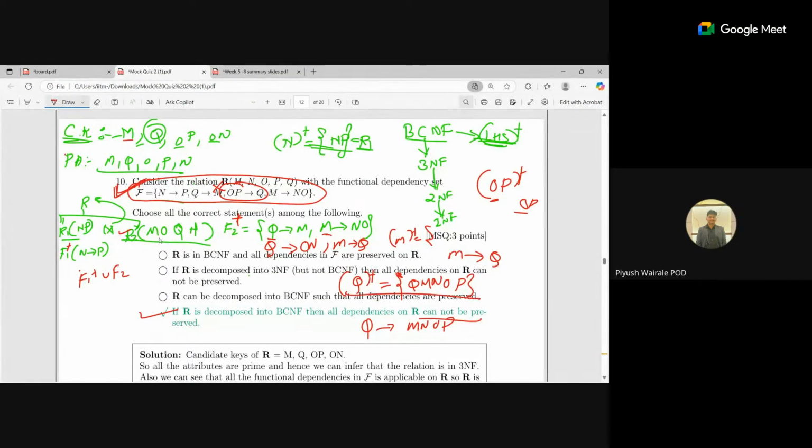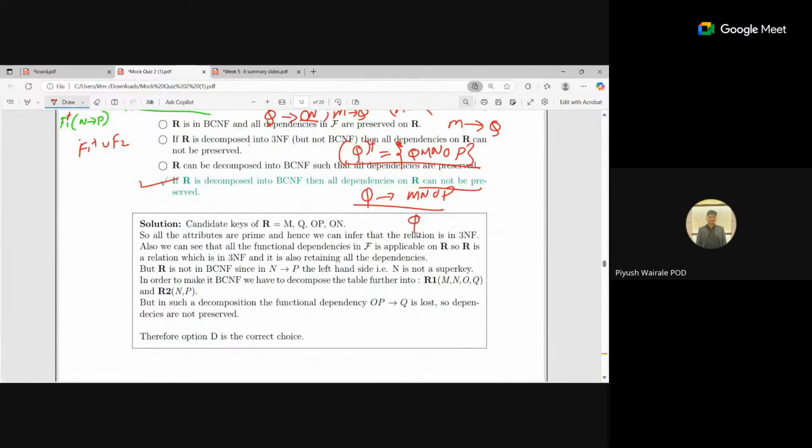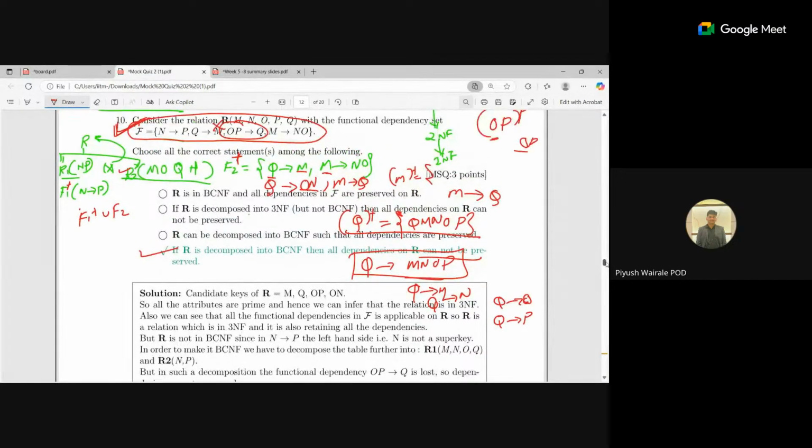So whatever the attribute is applicable here, Q can determine M as well, O and N as well. By the decomposition rule, Q can determine M, Q can determine N, Q can determine O, Q can determine P. Like that we can write, right? If we have this FD. Is this okay?